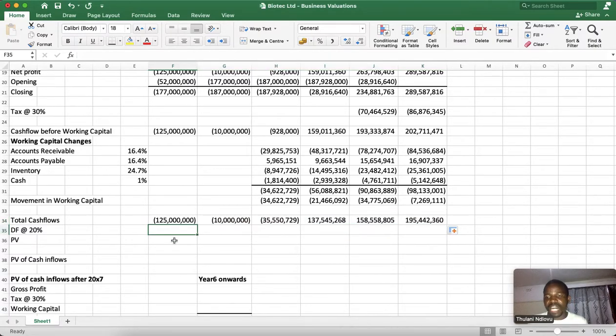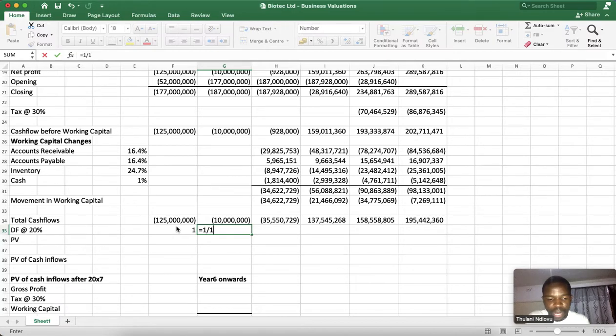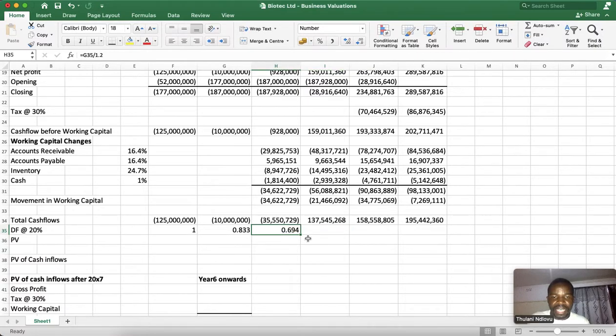Then we discount using 20%. So in year 0, the discount rate is 1. In year 1, the discount rate is 1 divided by 1.2. In year 2 is that divided by 1.2. Then in the following years, we can copy the formula there.